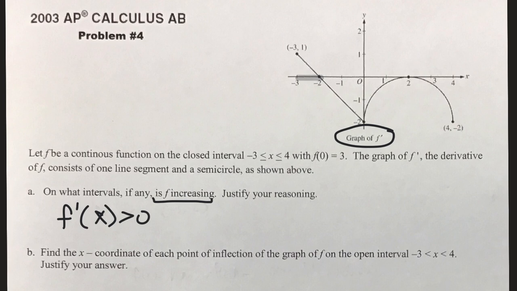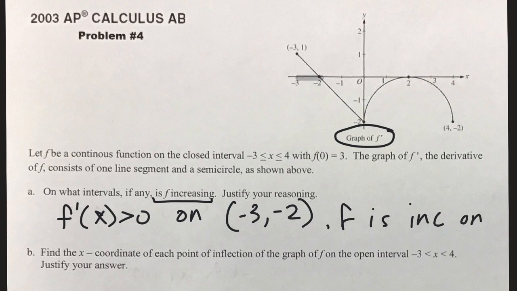So we are justifying that because F prime is positive on the interval from -3 to 2, and we're going to use open intervals because it's not doing anything at a dot or at 0. So F is increasing on the open interval from -3 to 2.